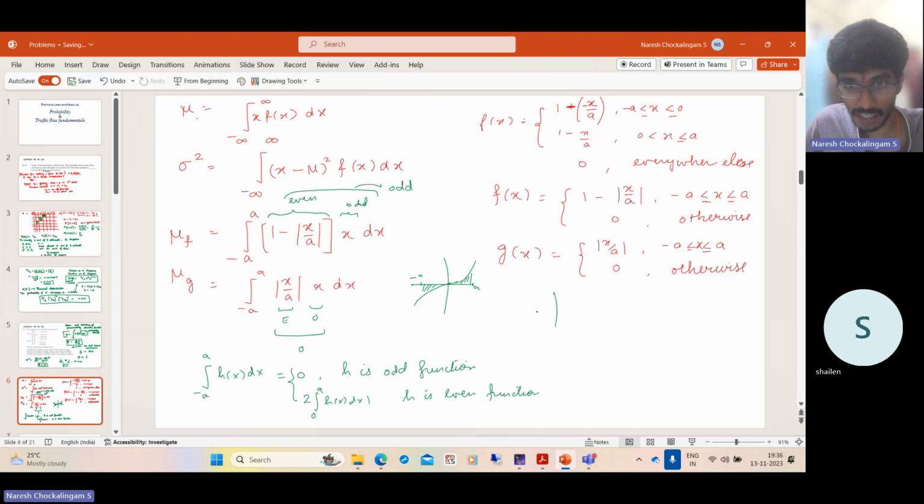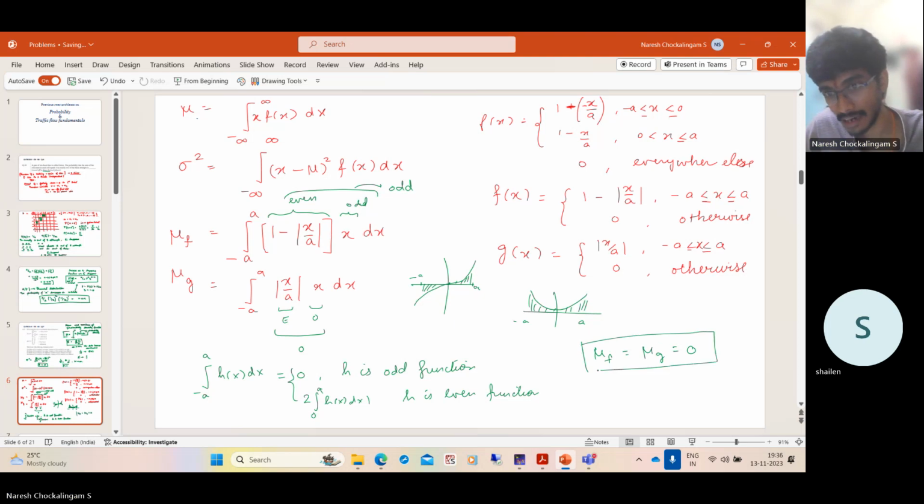If h is some function like this, these two areas both are positive, they'll add up from minus a to a. So in this case, the integrands are odd functions. So mu f is equal to 0, and the same is the case with mu g as well. So the means are 0 and they are equal.